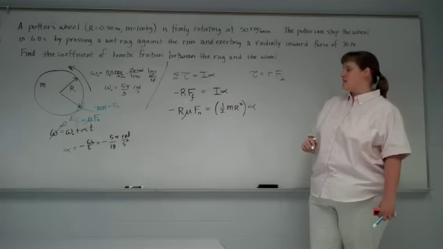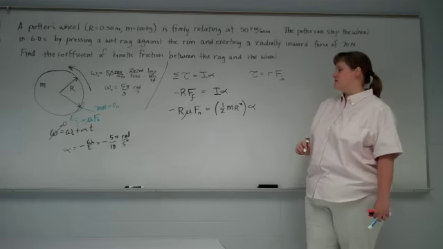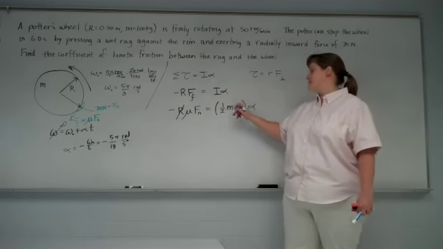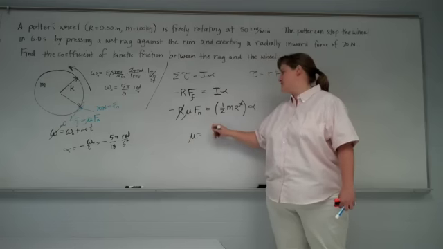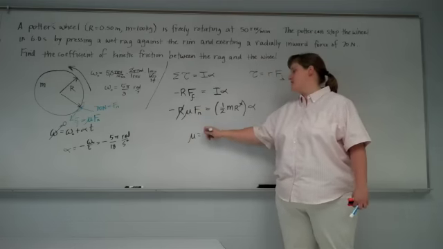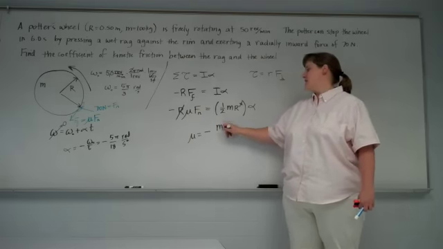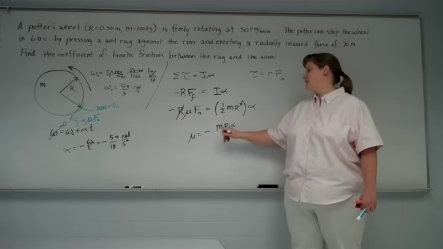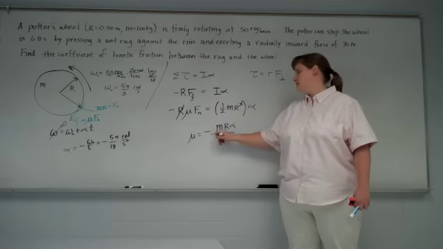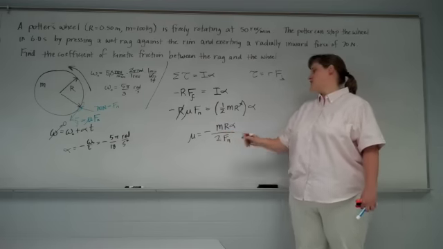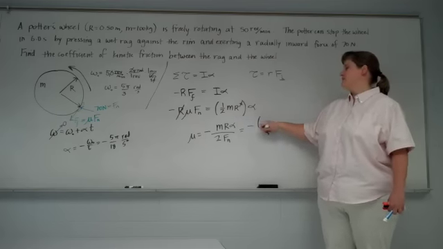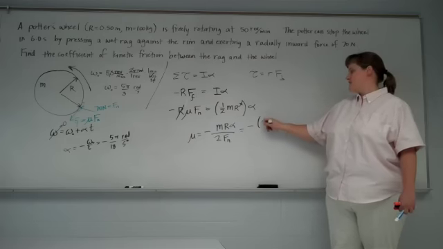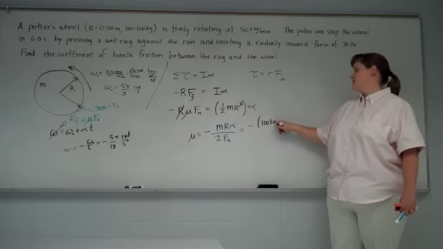We know the angular acceleration, we've already calculated that. This r will cancel with one of these. So we find that mu is equal to, bringing the negative sign over, negative m r alpha over 2 times the normal force. Negative. Our mass is 100 kilograms.